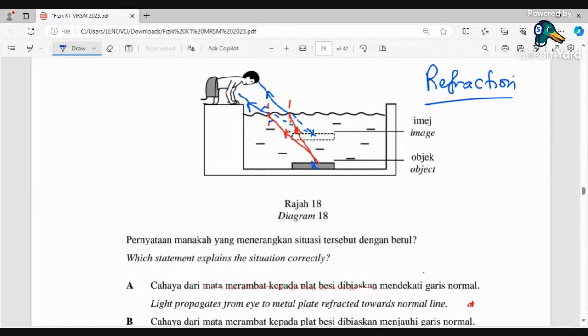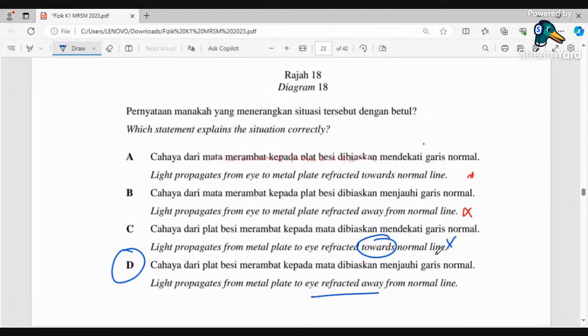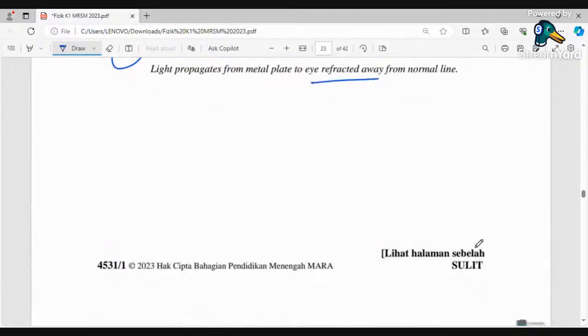Water to air. Okay, jawapan D. Okay, from metal plate to eye, refracted away from normal. Okay. Light mesti datang dari objek, from object to the eye. Then line of vision straight, observe the image along the line of vision. Okay, tu sebab nampak macam tu.